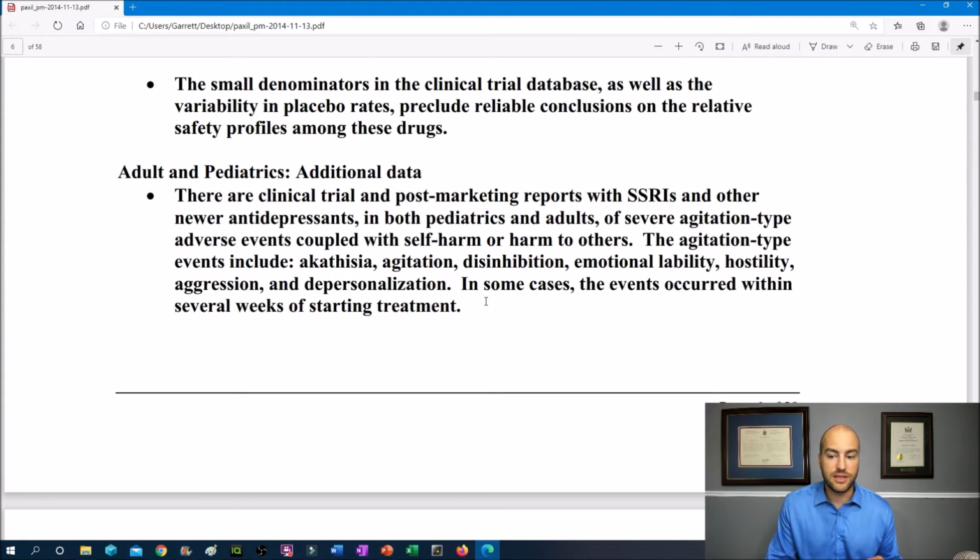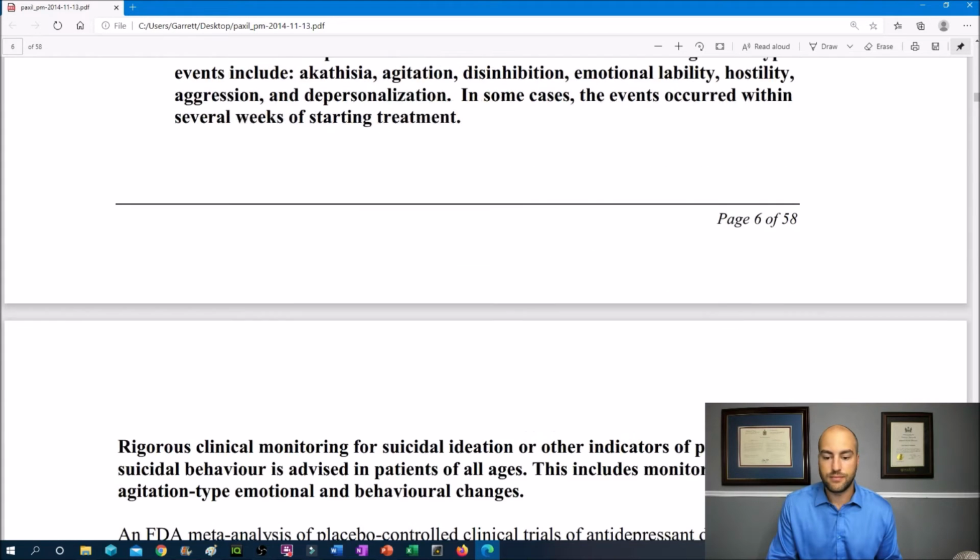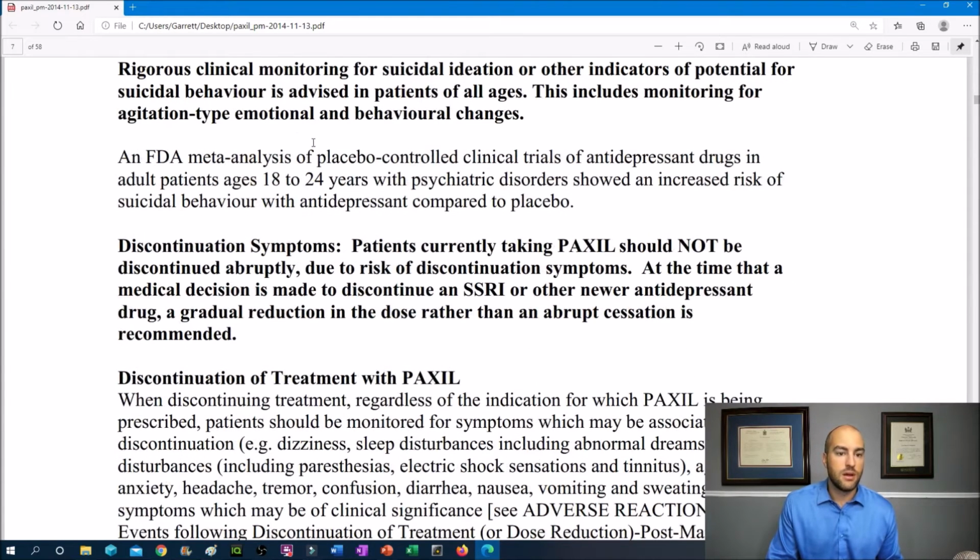In some cases, the events occurred within several weeks of starting treatment. Rigorous clinical monitoring for suicidal ideation or other indicators of potential for suicidal behavior is advised in patients of all ages. This includes monitoring for agitation-type emotional and behavioral changes.